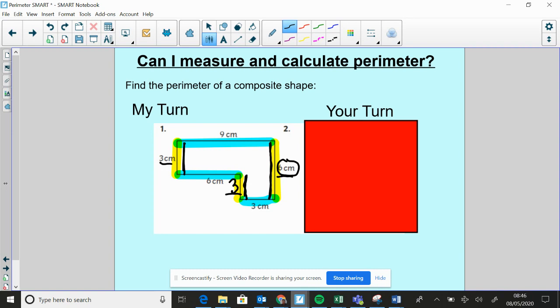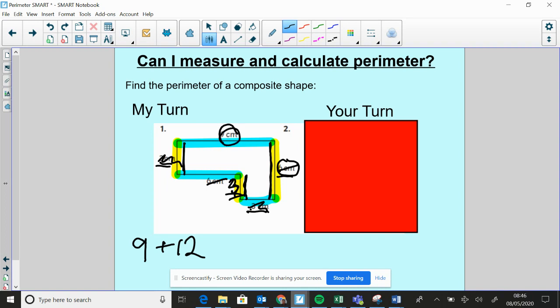It doesn't matter how you do this. I might go for all the 3's first. I've got 3, 3, and 3. That's 9. I like to cross them out, because with so many sides, it's very easy to count a side twice. Now I've got the 6 and 6. So that's 12.